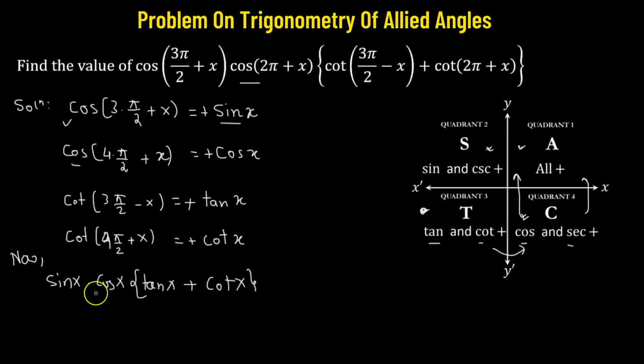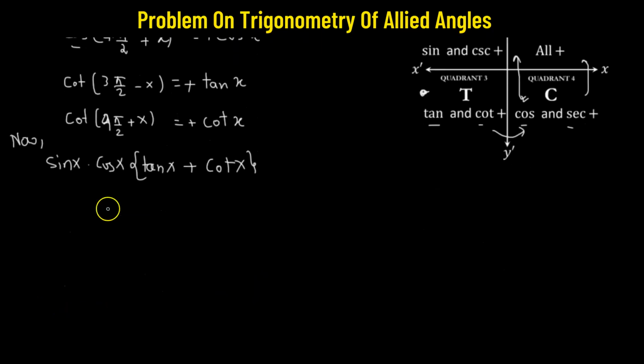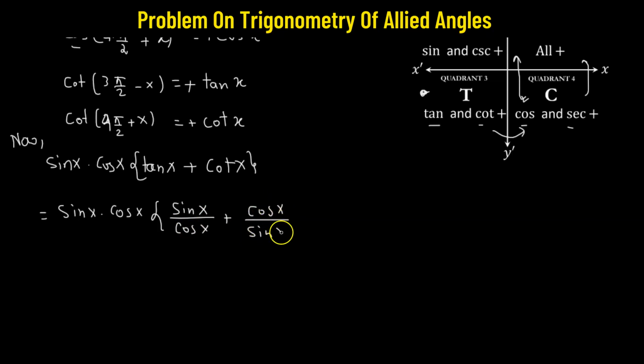So let's simplify this. Now we are going to get sine x multiplied to cosine x, times the bracket. Tangent of x has the ratio sine x over cosine x, plus cotangent of x has the ratio cosine x divided by sine x. Let's combine the two fractions within the parentheses.